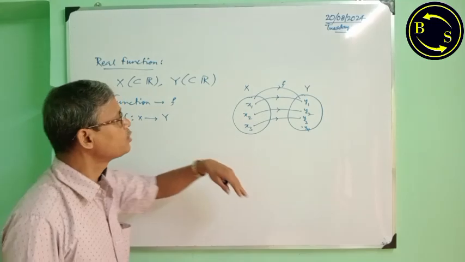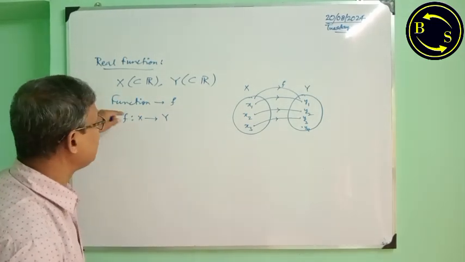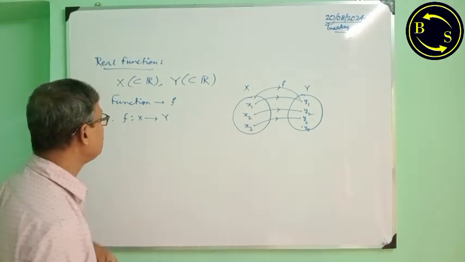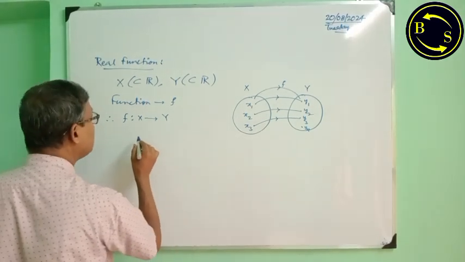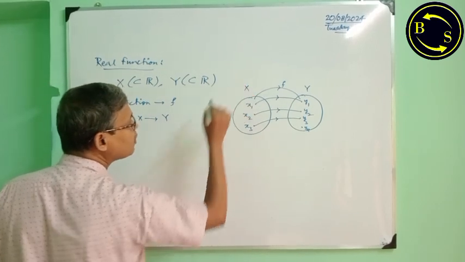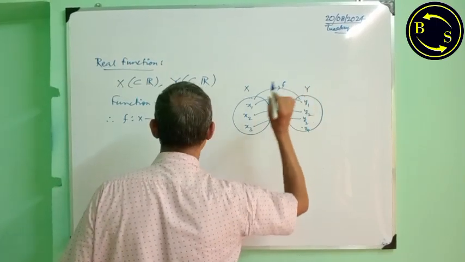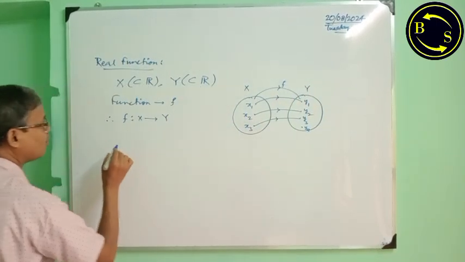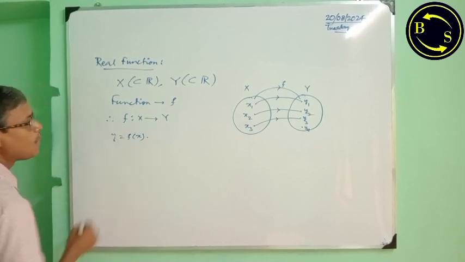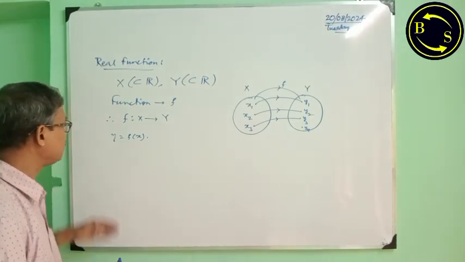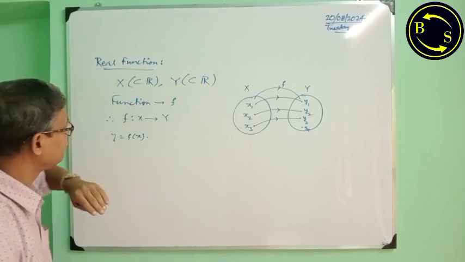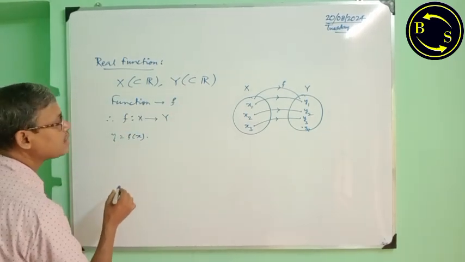X, Y both are subsets of set of reals, and a function f defined by this, and I take x as members of capital X and small y's as members of Y, and also express y equal to f(x), and say that f is a function from set X to set Y given by y equal to f(x).